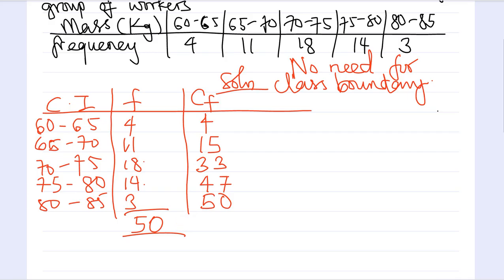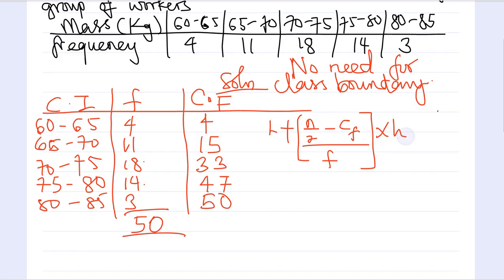So now let's go there. Don't forget your formula is L plus, open a bracket, n over 2 minus CF, over F, close the bracket, multiply by H. This CF is cumulative frequency and this is F. The first thing you must do is n over 2.